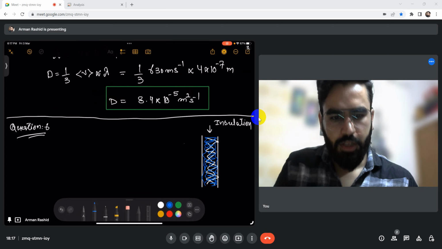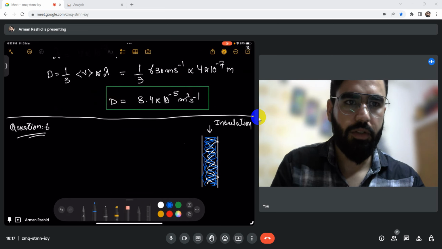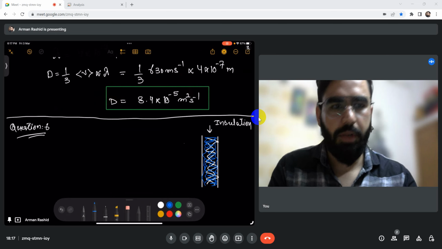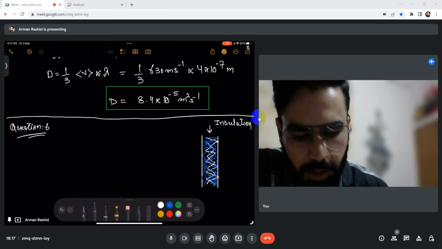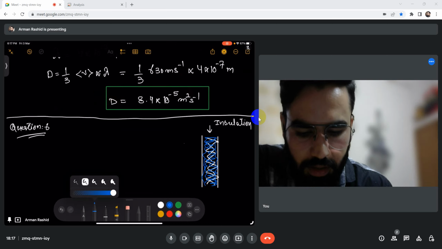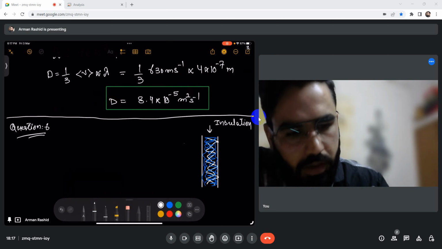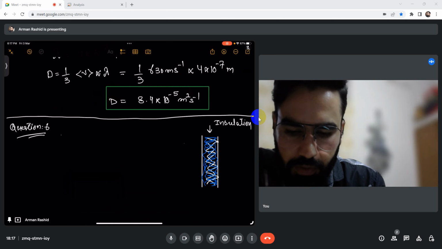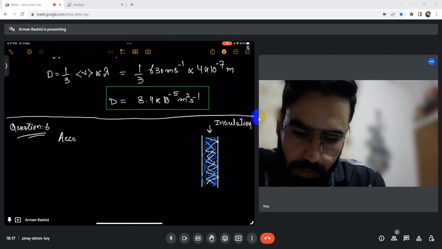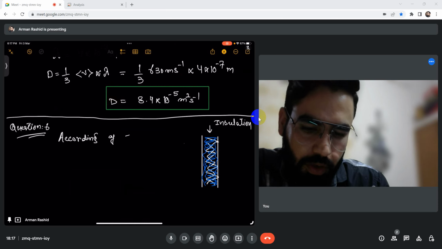So here the question is that we have to show how much heat will be lost through a particular fiberglass wall. For that we'll be using Fourier's law. You might have revised it in your course.